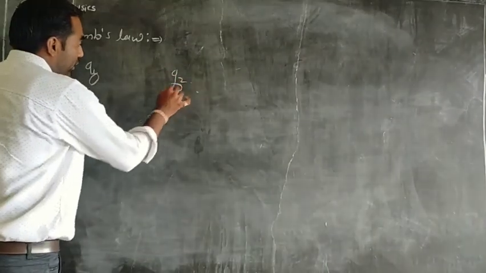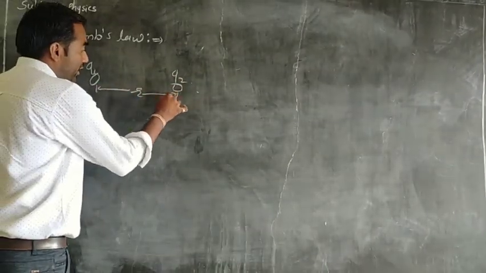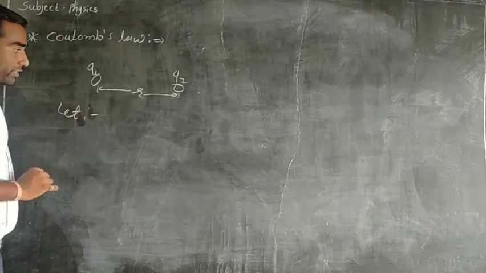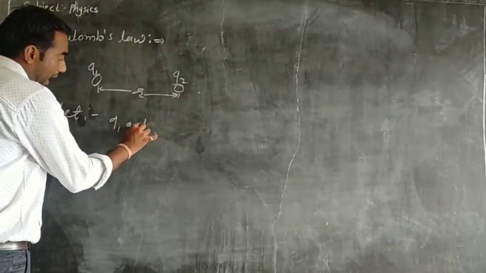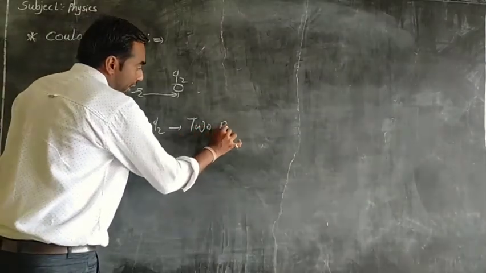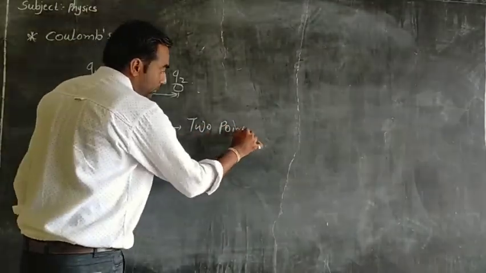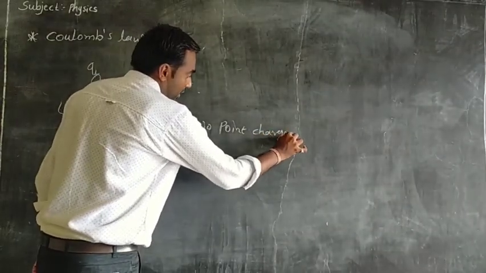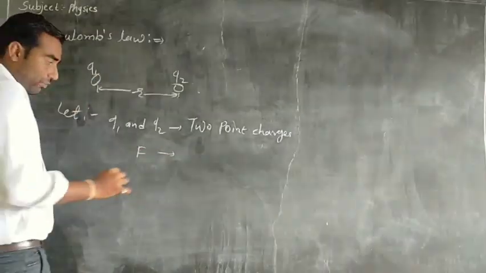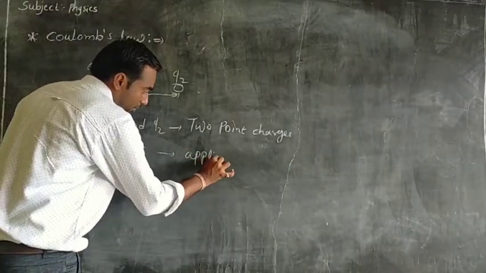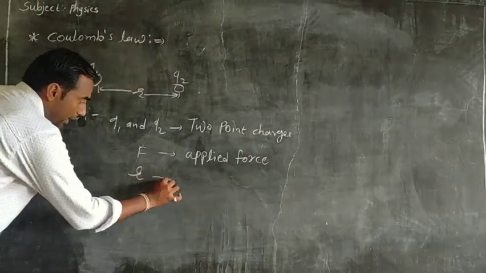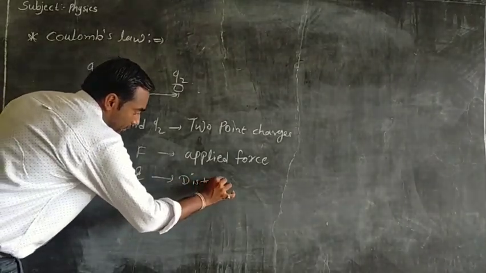So we consider two point charges, q1 and q2. F is the applied force, and r is the distance between these two point charges.